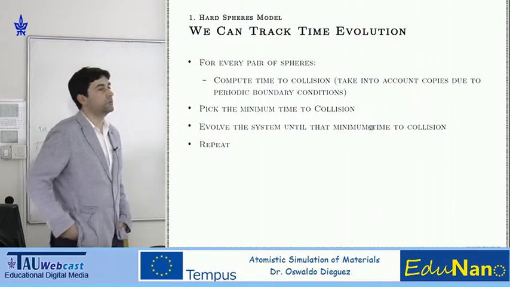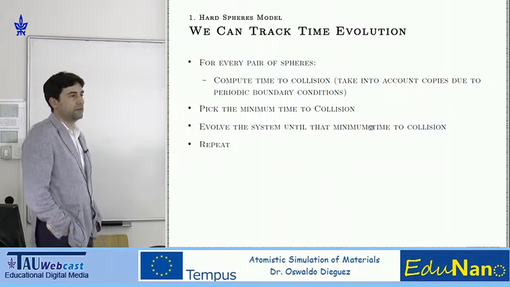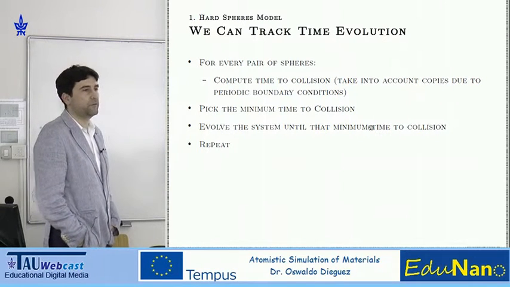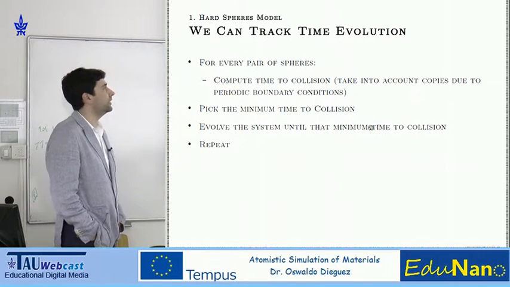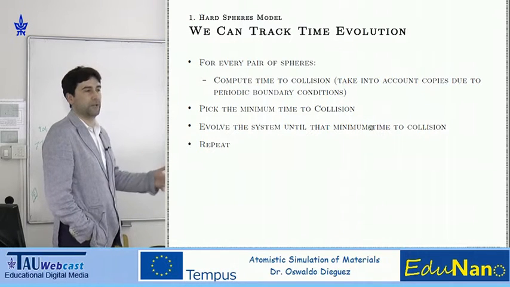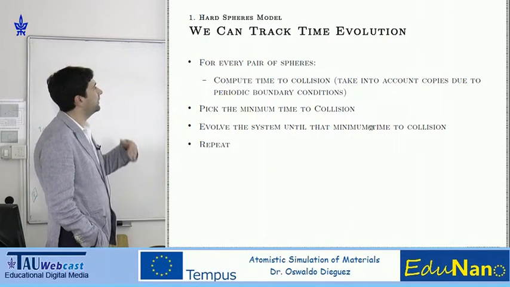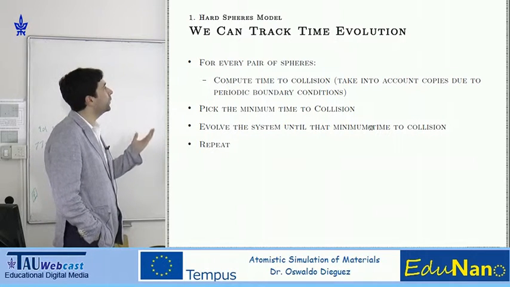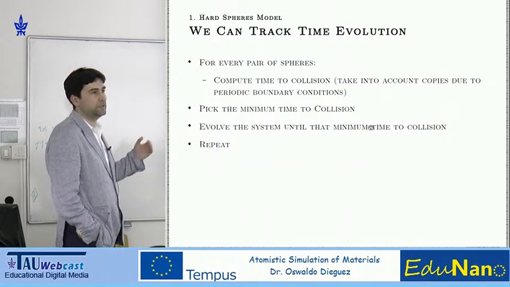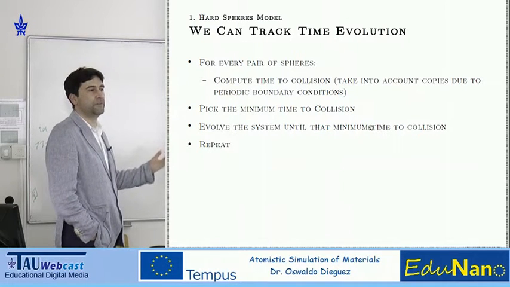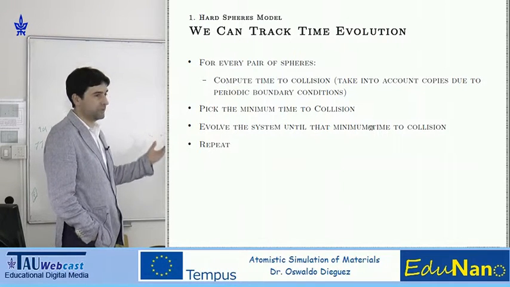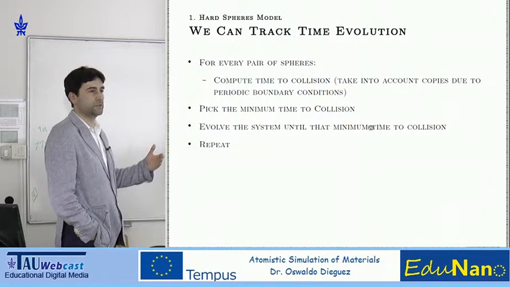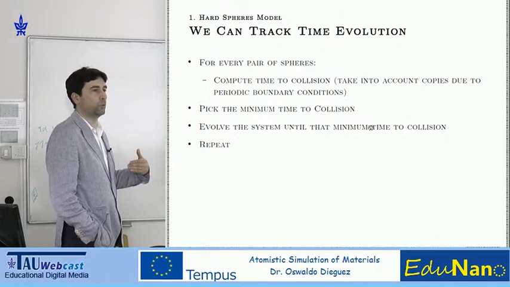So now we are able to track what happens at every point in the evolution of time. We can follow every couple of spheres, compute when they are going to collide, evolve every sphere for that time, and then compute the change in velocities for those two.